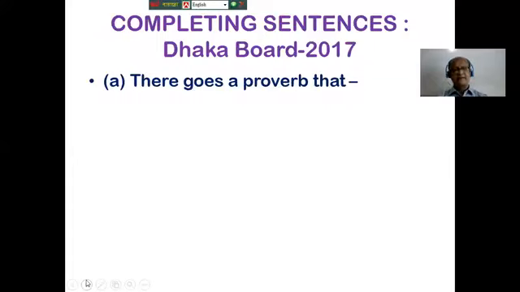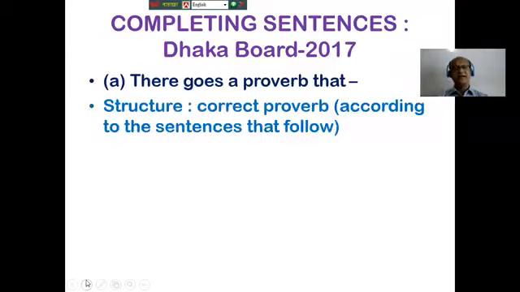Okay, let me give you the structure. What is the structure? Very easy. Correct proverb according to the sentence that follows. Now, what the sentence that follows is, we'll learn in the next sentence. Anyway, so let us simply write the proverb because I have that question with me.